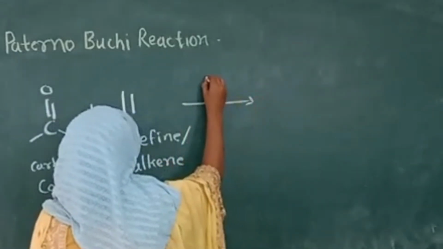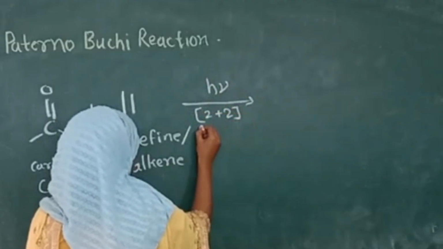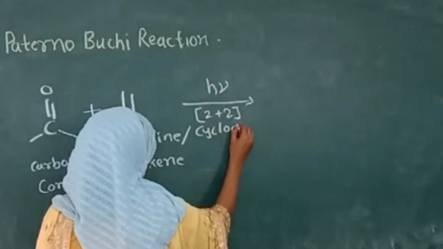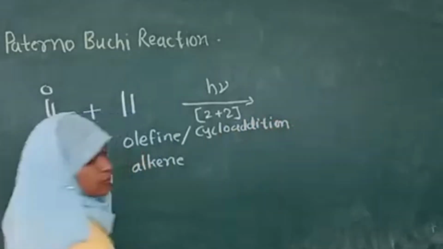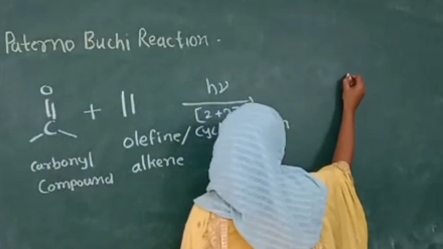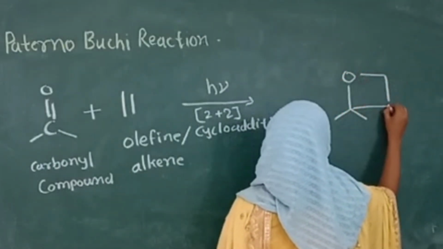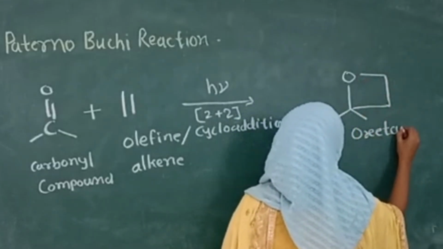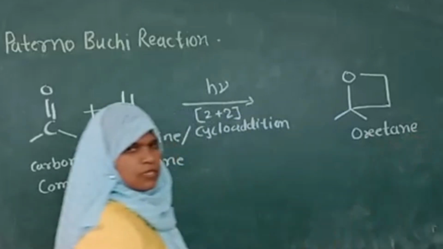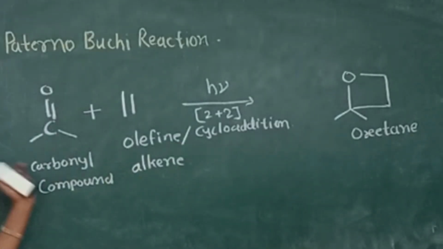Let's see photochemical condition, 2+2 cycloaddition. Then the product formed is an oxetane. Let's discuss the mechanism. How is the product oxetane formed? Which state is involved in the Paterno Buchi reaction?